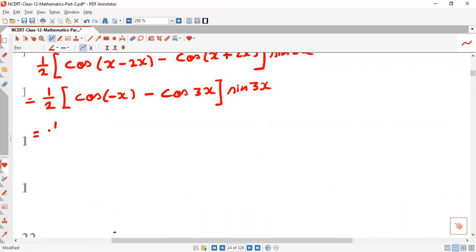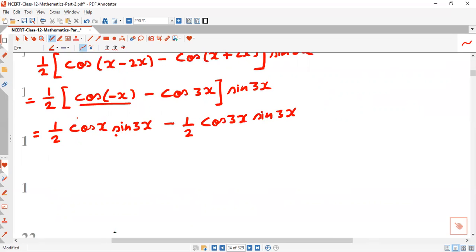Open the bracket, half cos of minus x becomes cos x, you know very well. This becomes cos x multiplied by sin 3x. Open the bracket, minus half cos 3x sin 3x.